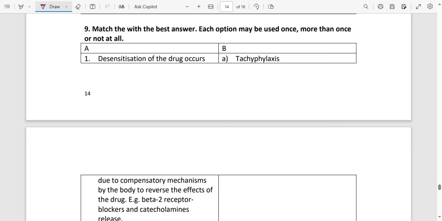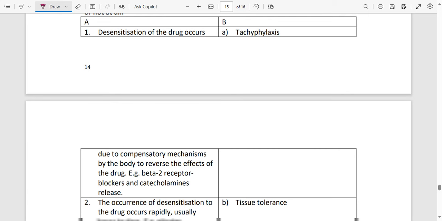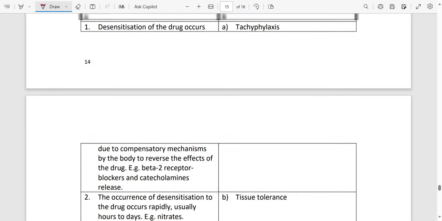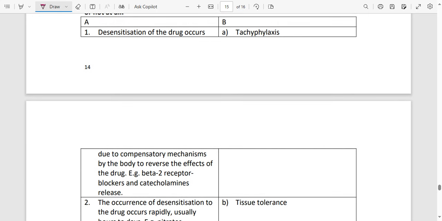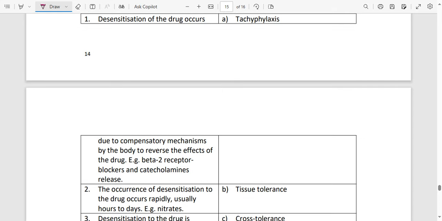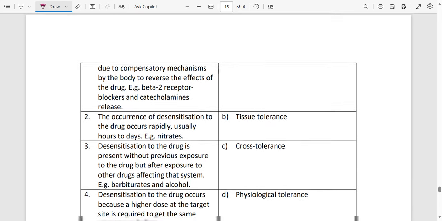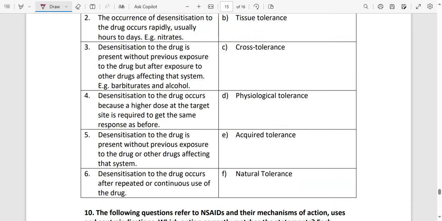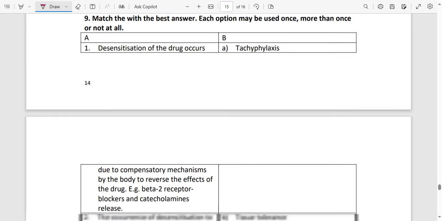Number nine, match the questions. So desensitization of the drug. Is that anaphylaxis, tissue tolerance, cross tolerance, physiological tolerance, acquired tolerance, or natural tolerance?